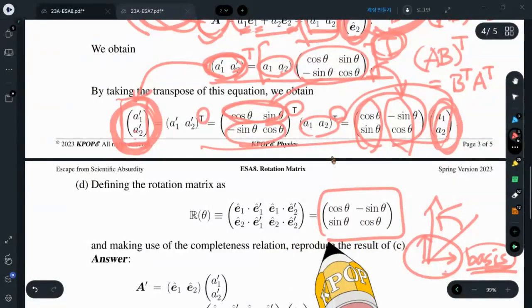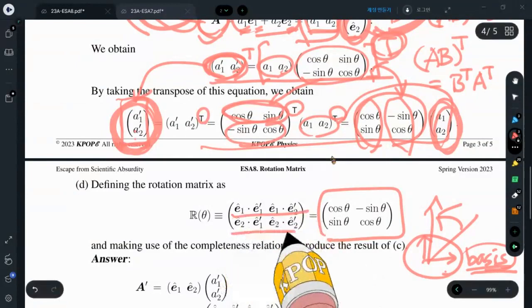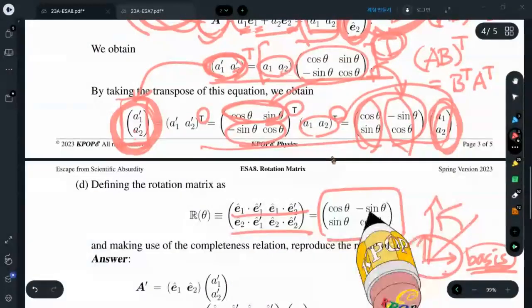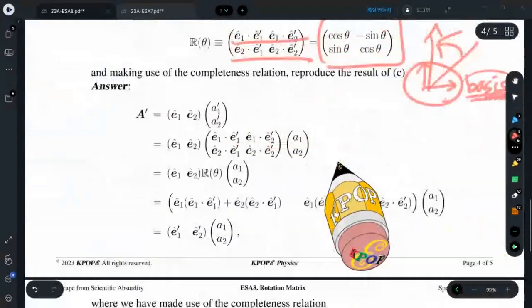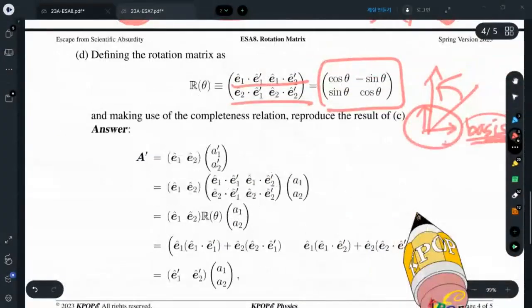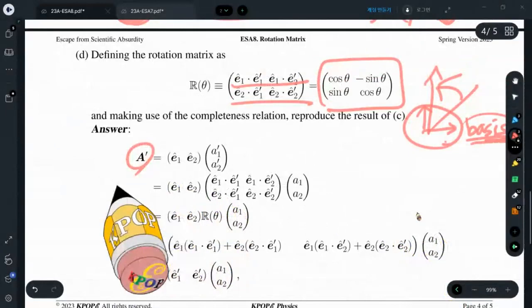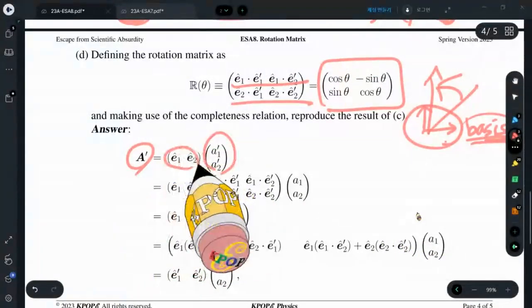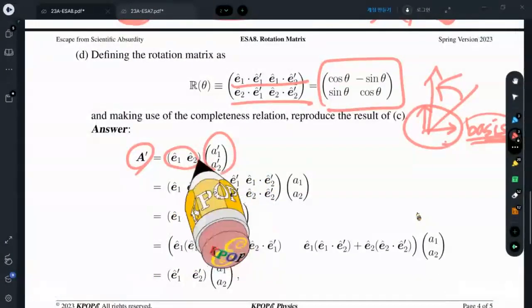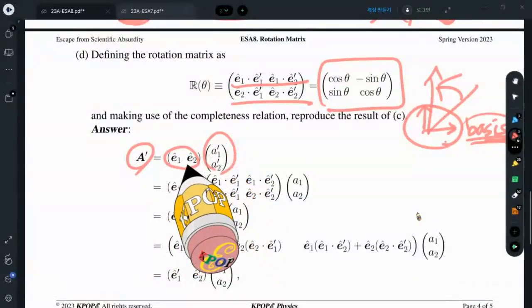And we recall the directional cosines. I remember these are actually scalar products of unit vectors. Therefore, what I get after rotation is a vector A prime, and this is a multiplication of the new Cartesian coordinates and the old bases.